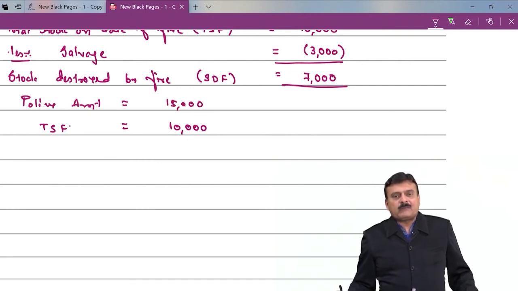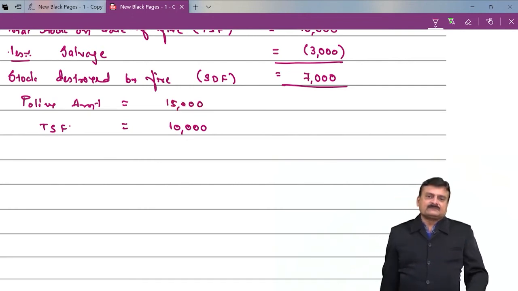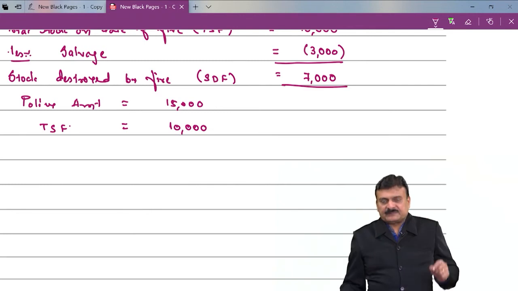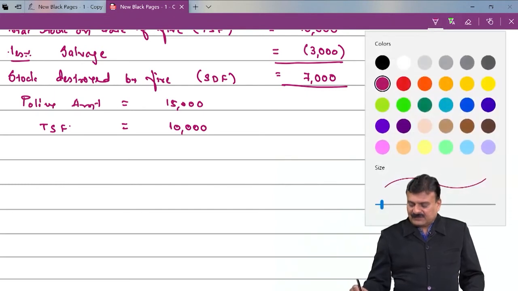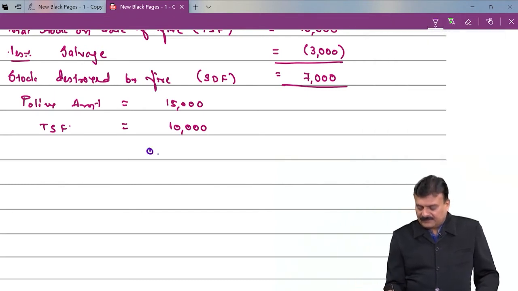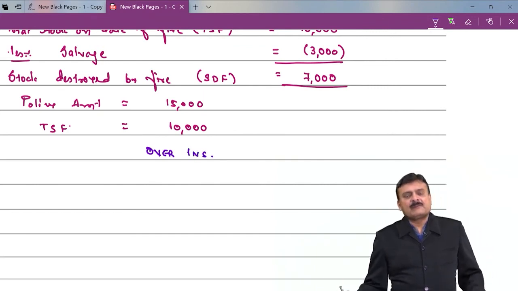Assuming that the policy amount is 15,000, can I say the policy amount is more than the amount of asset, the amount of stock, and hence this particular case is called over insurance.